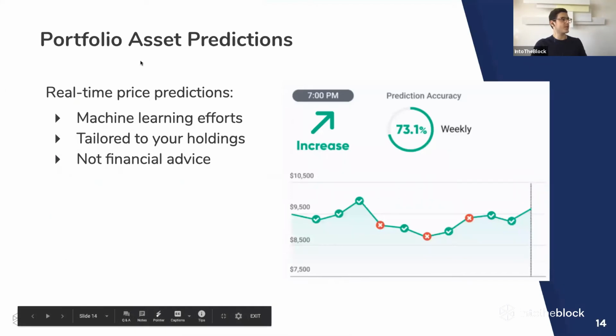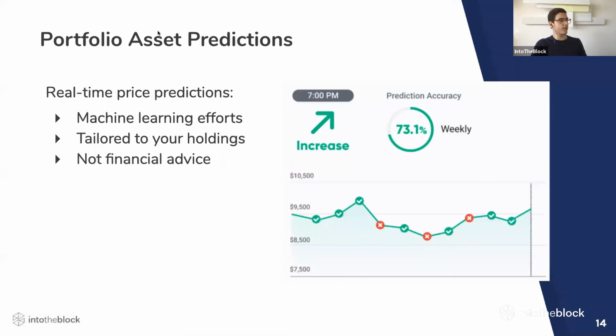So as I was alluding to previously, we've been working on portfolio asset price predictions. The work we've been doing is regarding real-time predictions. This has been the product of months and months of analyzing multiple machine learning frameworks, from convolutional neural networks to bidirectional long short-term memory networks.